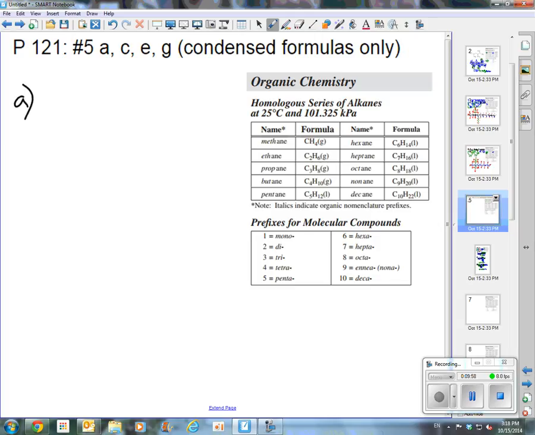So 5A is 3-ethylhexane. So hexane is my parent. Okay, so hex, where's X? Right here, 6. So a 6 carbon, ane, meaning single bonds.